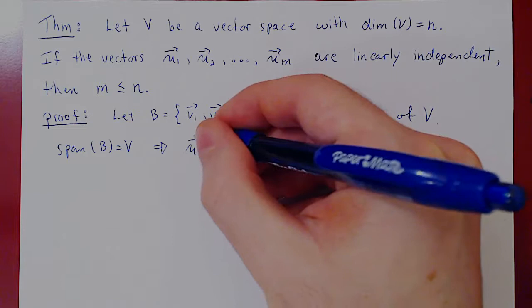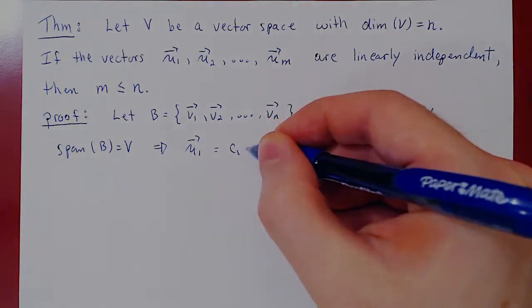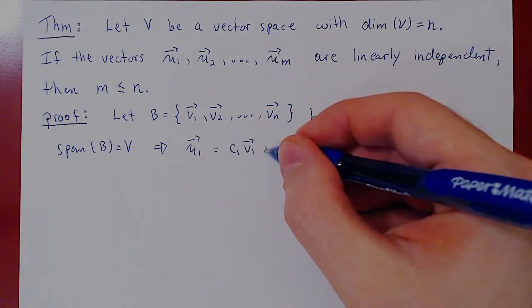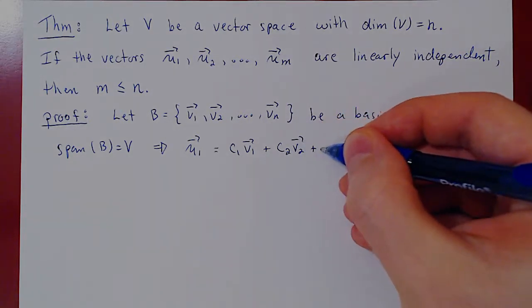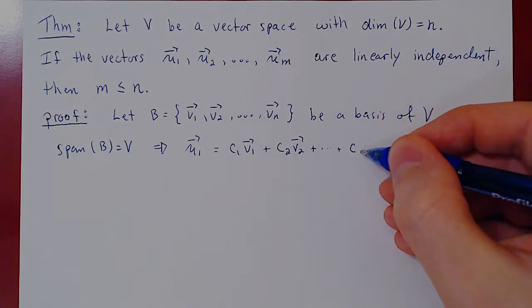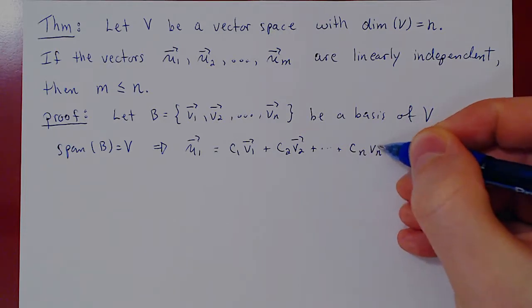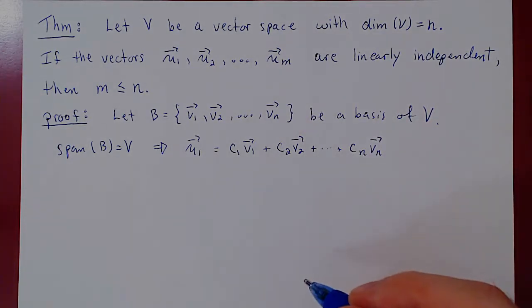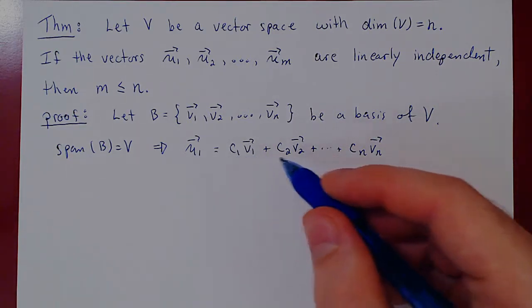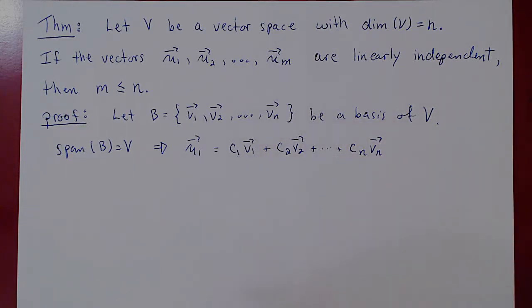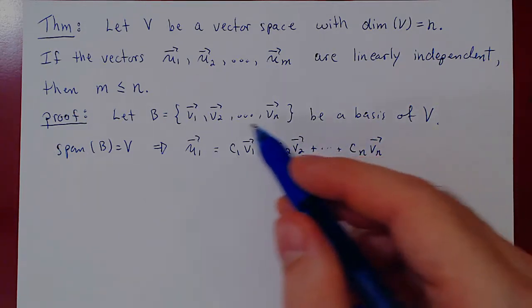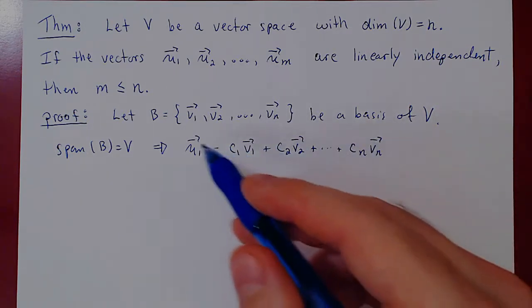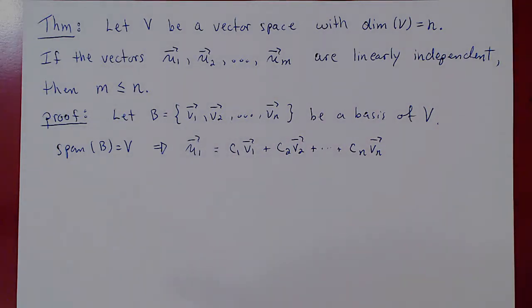So u1 has to be some linear combination of the vectors v1 through vn. The question is now, is it possible that every coefficient c1, c2 through cn is equal to 0? Well, think of it. If every coefficient was equal to 0, this combination would be the 0 vector, therefore u1 would be the 0 vector.